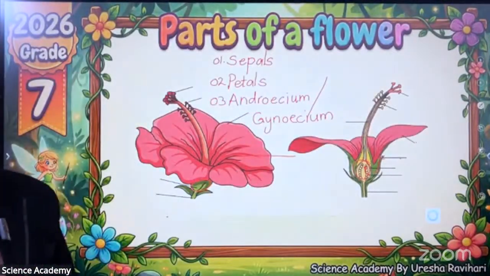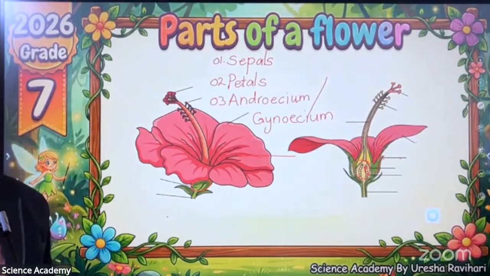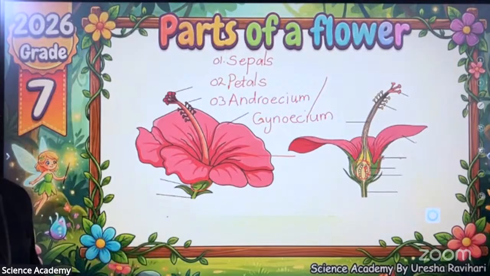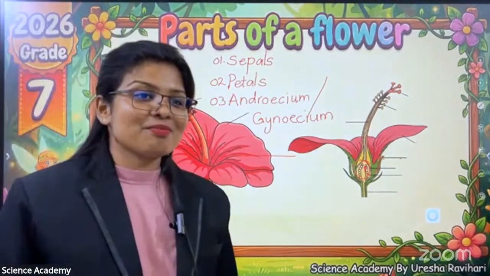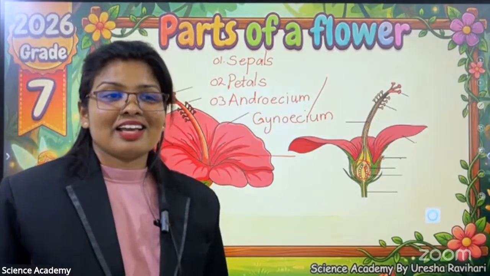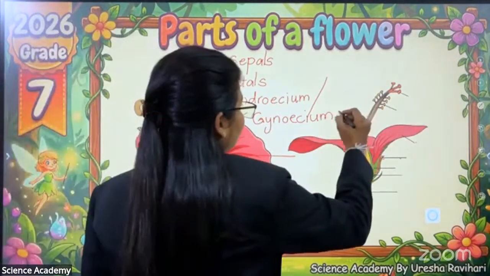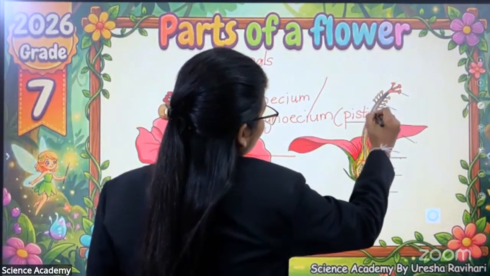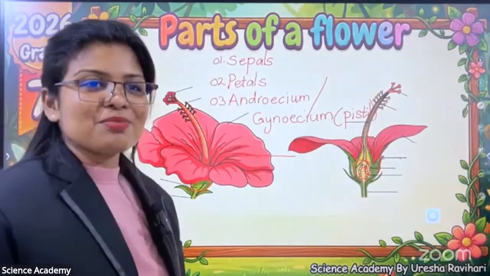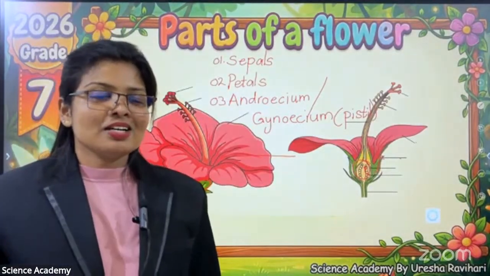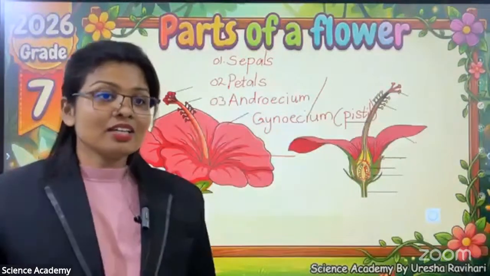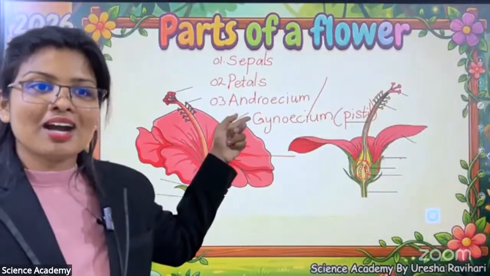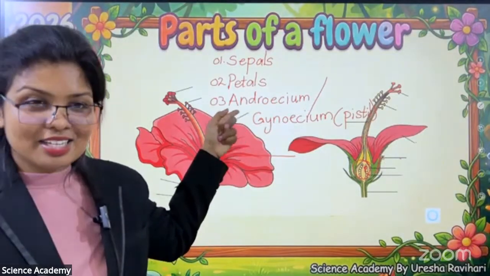Likewise, you can write androecium or gynaecium. Another word for gynaecium is pistil. Sometimes in school papers I have seen them asking to name the parts of the pistil. Androecium means the male part.